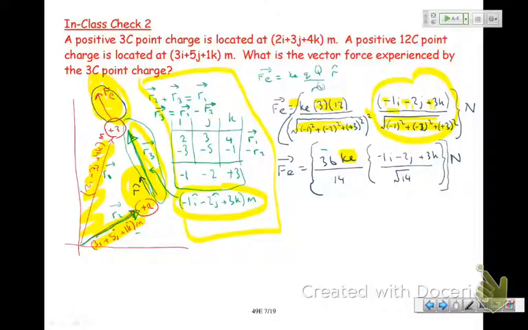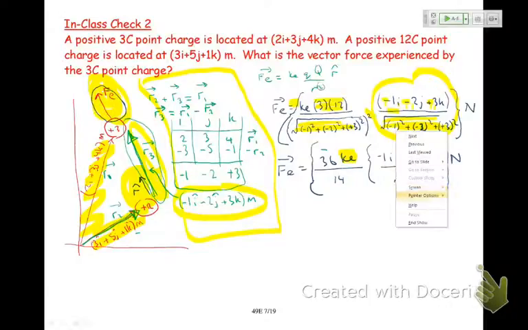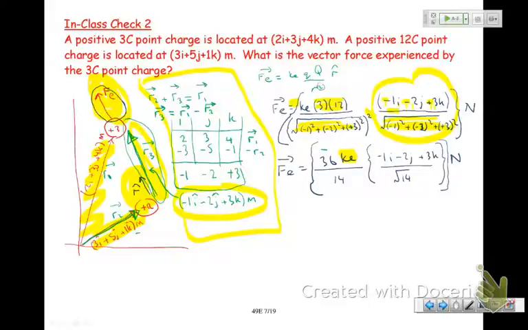What I'd say in that case is you have a +3 and you have a +12. I would use language to the effect of, the displacement vector from the 12 to the 3 is such and such. What's the force felt by the 3, or what's the force felt by the 12? So I would have to define it that way.